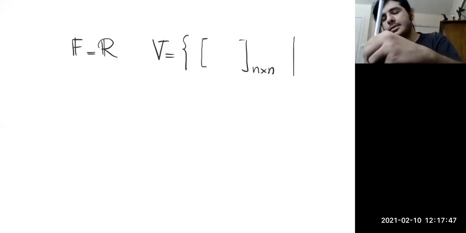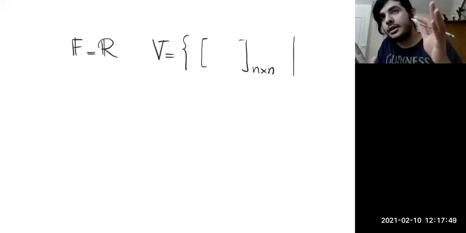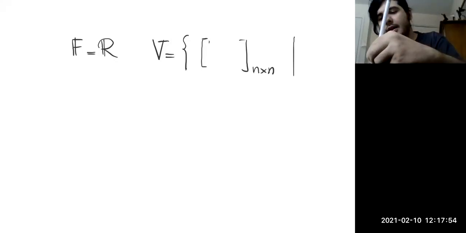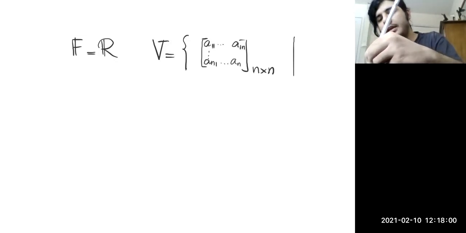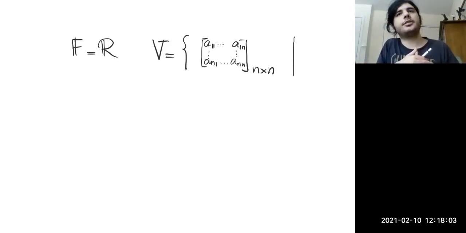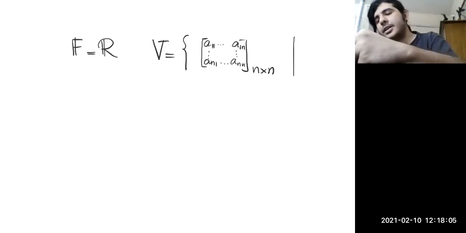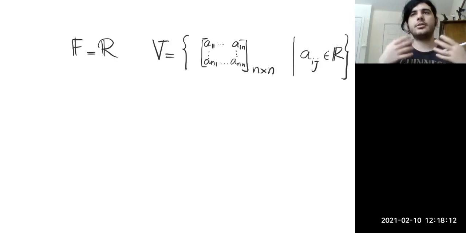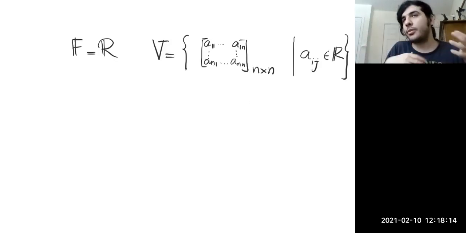So we usually show a general matrix with this notation, say A11 up to A1n, down to An1 up to Ann. These are just numbers, right? Where each number Aij is something in R. That's the notation to show the set of n by n matrices, where each element comes from real numbers.